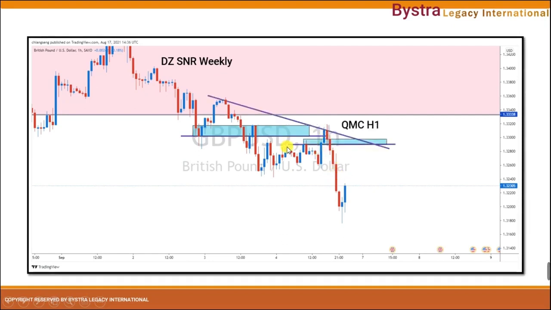And guys, at the same time, we can see that there is a potential QMC at the H1 time frame again. You can see that there is a high, low, higher high, lower low. This is a continuation setup. So we draw a trend line. So first drive, the QM head, which is the higher high, has to be at the second drive.